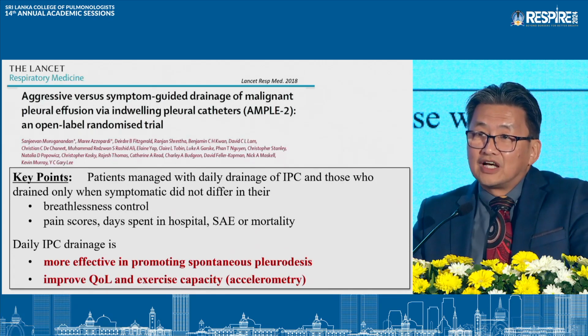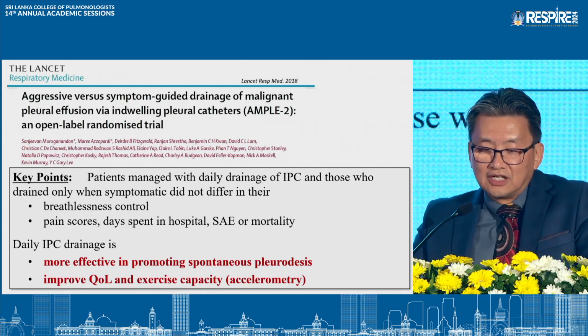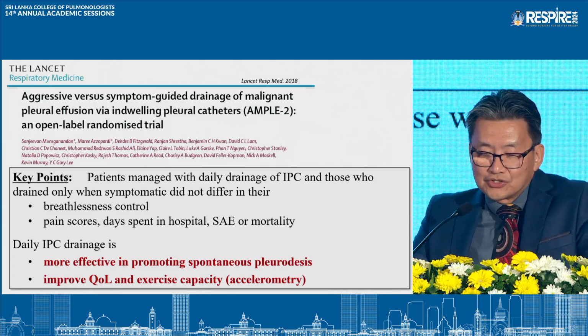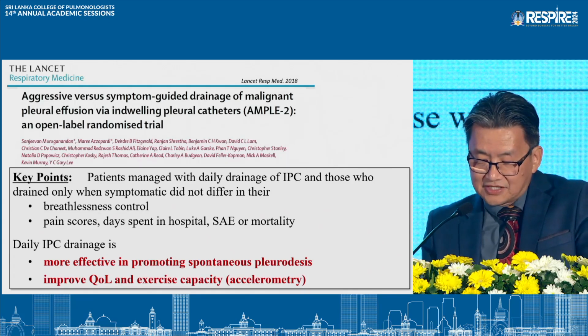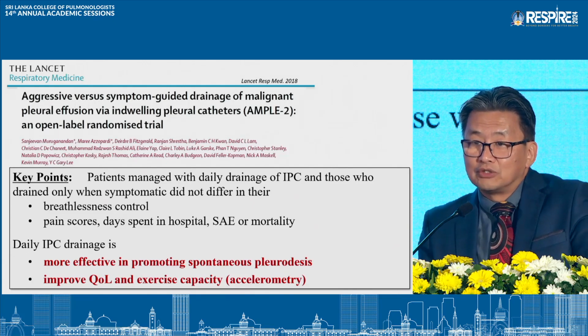And the quality of life score was better, and in our subsequent paper, we show that those people who have daily drainages of their fluid, their exercise capacity as measured by oscillometry is better than drainage only when they're symptomatic.